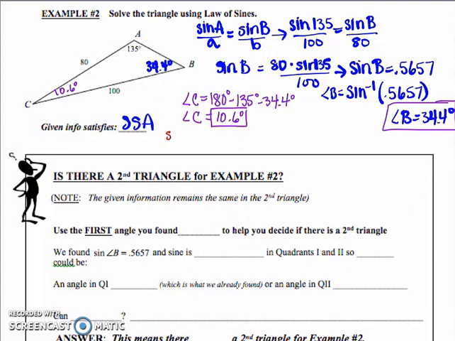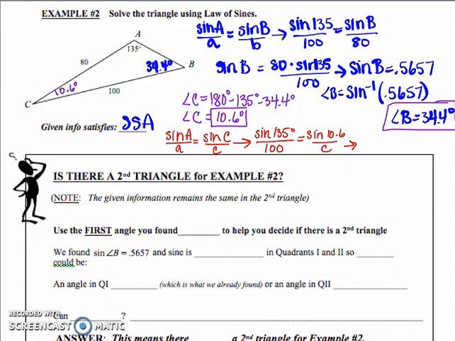So I am going to go with sine of A over A is equal to sine of C over C. And when I plug numbers into that, I'm going to have the sine of 135 degrees over 100 is equal to the sine of 10.6 over C.